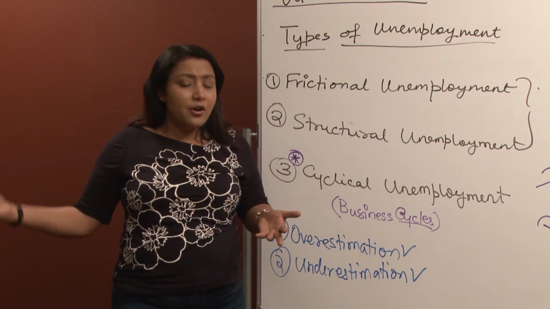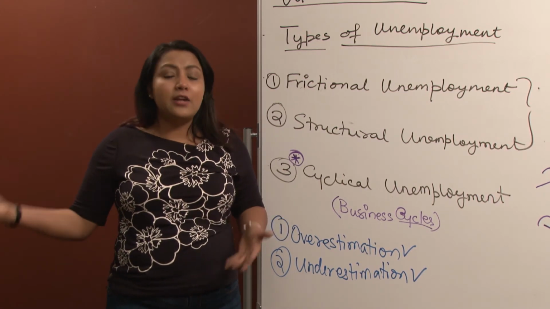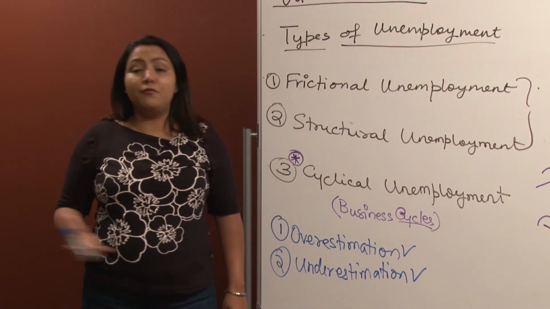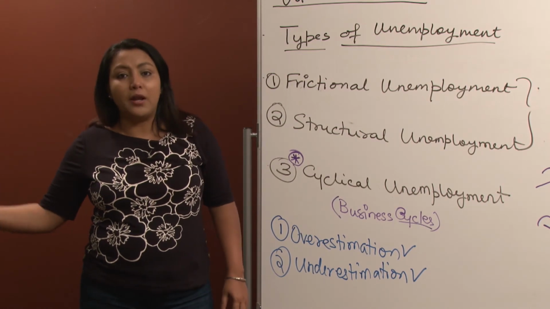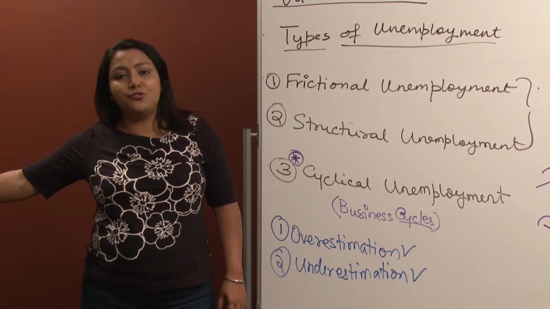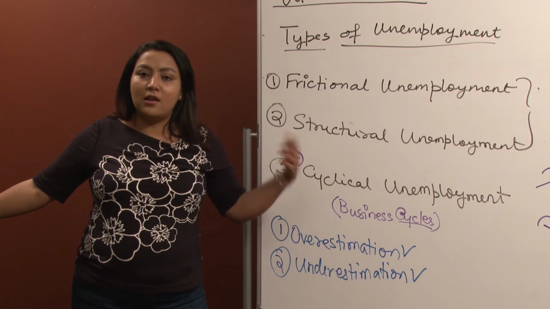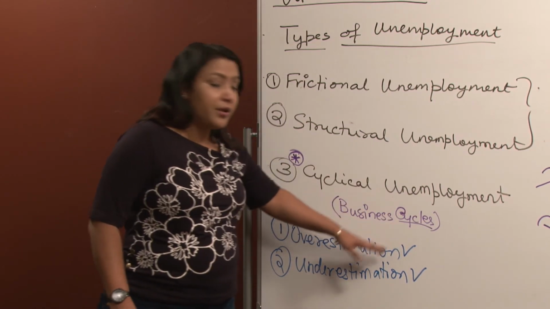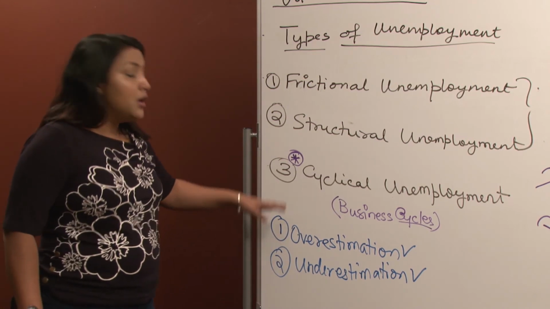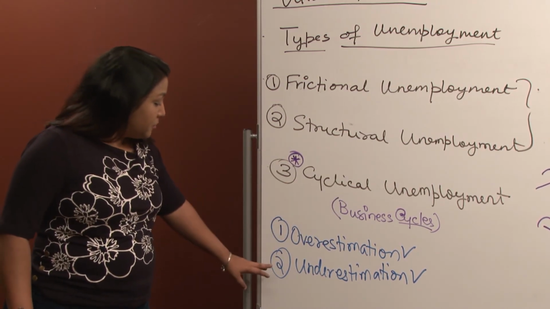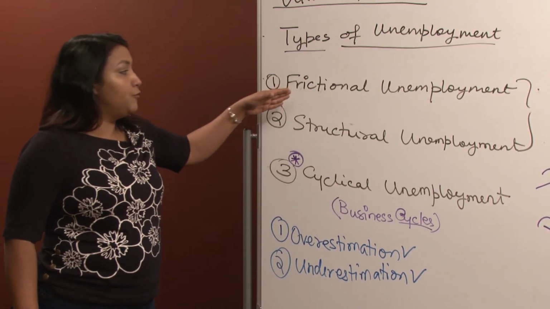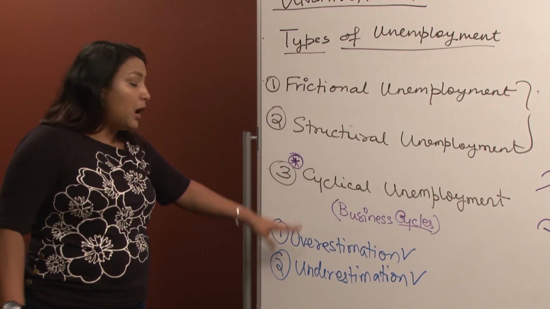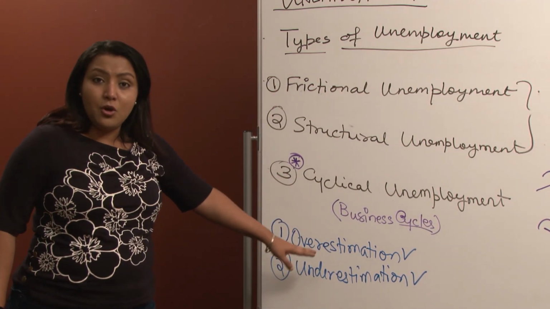Those were the discouraged workers who were sitting at home because they looked for a job for long enough and did not find one, right? And once they gave up searching, they stopped being counted as unemployed officially, right? So you can understand that the unemployment rate suffers from both problems of overestimation and underestimation. Overestimation due to the frictionally unemployed people and underestimation due to discouraged workers.